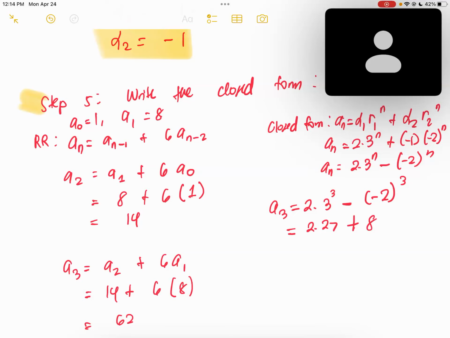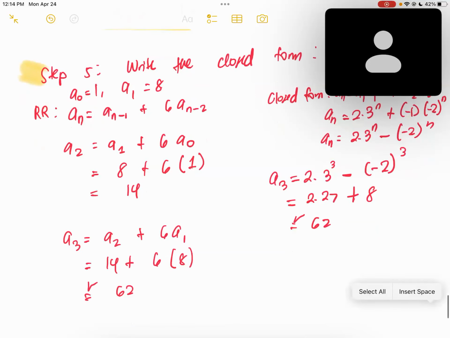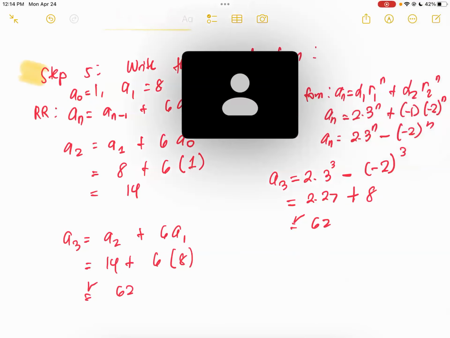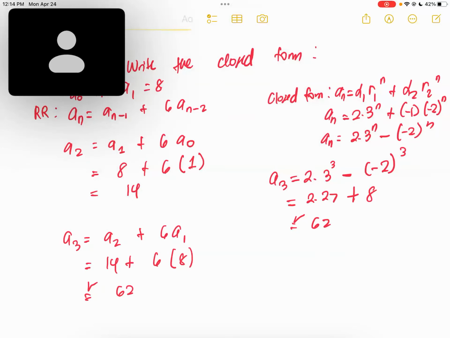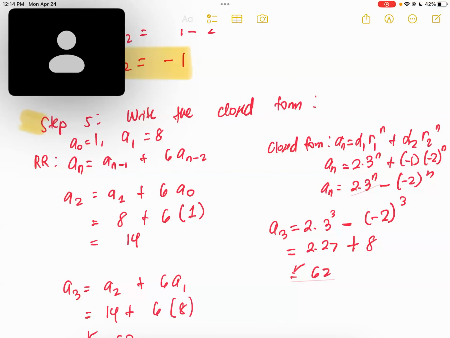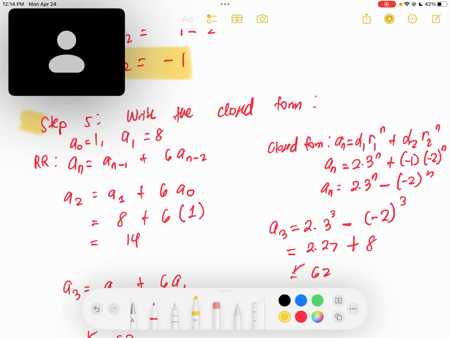So 2 times 27 is 54 plus 8, that is 62. And both of them have given us the same value. Okay, and that is all. So we have found the closed form solution to our recurrence relation.